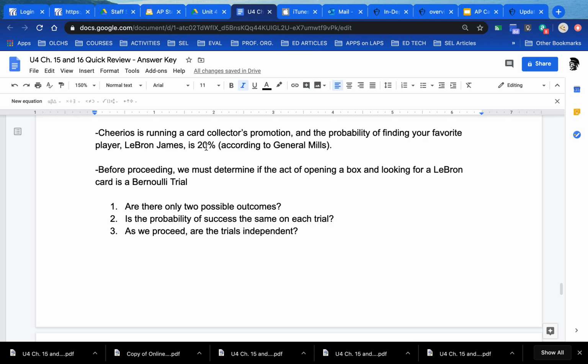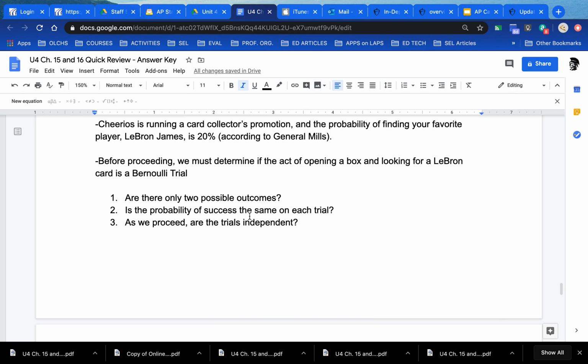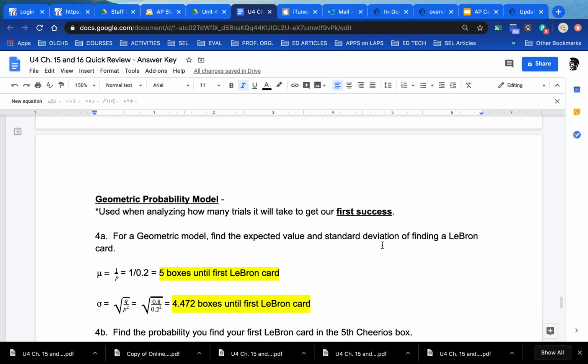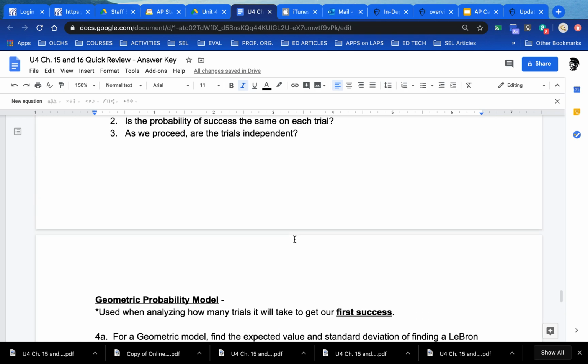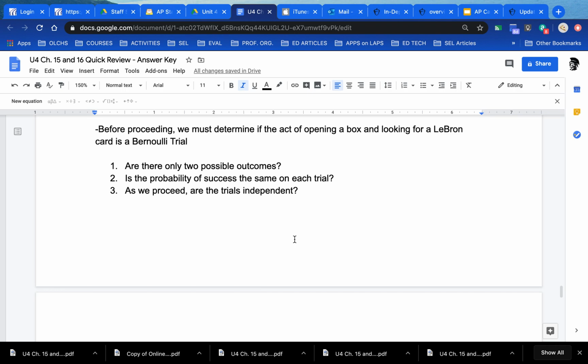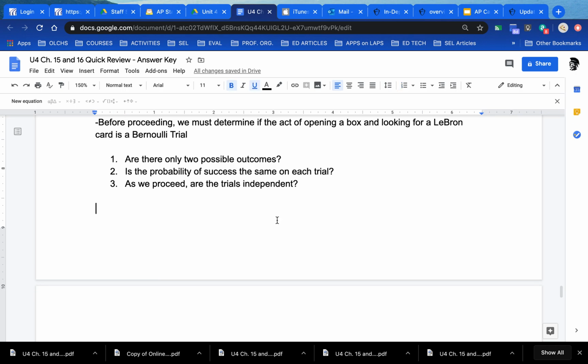You're not going to close the box up and put it back on the shelf. However, for our case here, you're only opening maybe 10 boxes or so, so you're going to be less than 10%. Even if you opened a whole bunch of boxes at a grocery store, that's still less than 10% of all the Cheerios boxes in the world. So we can assume this independence via the 10% condition.